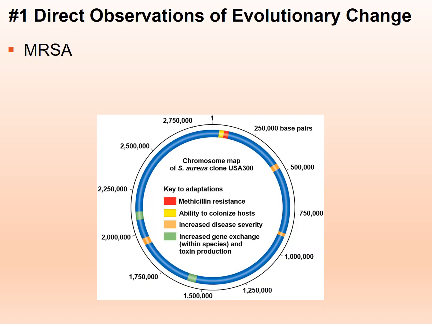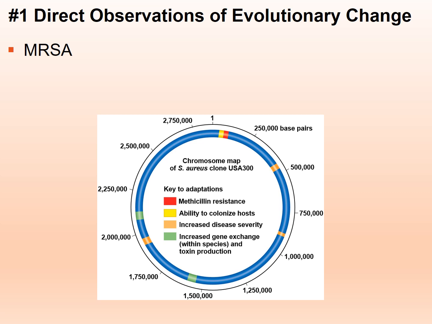Now, direct observation is one that we often see today, but that's typically only with organisms that have a short generation time, which can evolve rapidly. One example is natural selection, the main source of this evolution that we can see.